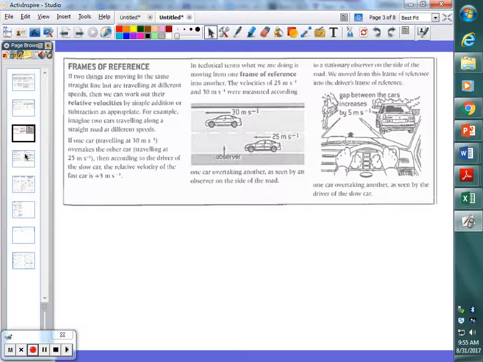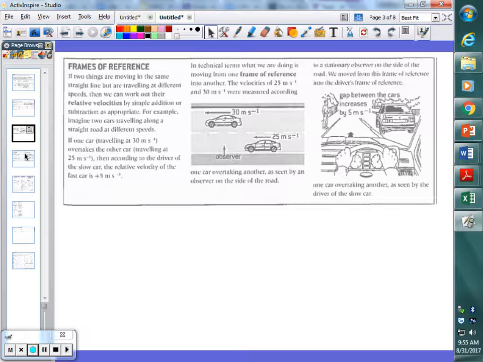The next page, the top of the back of the first page, gets into frame of reference. I'm not going to talk about this a whole lot, but the important thing to remember is that how we make these measurements does depend on where we make them from, right?